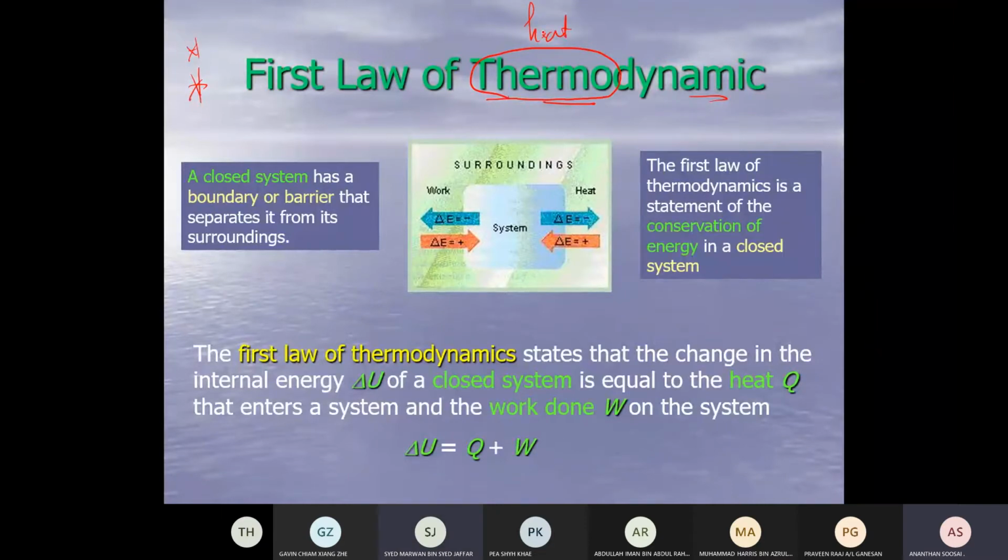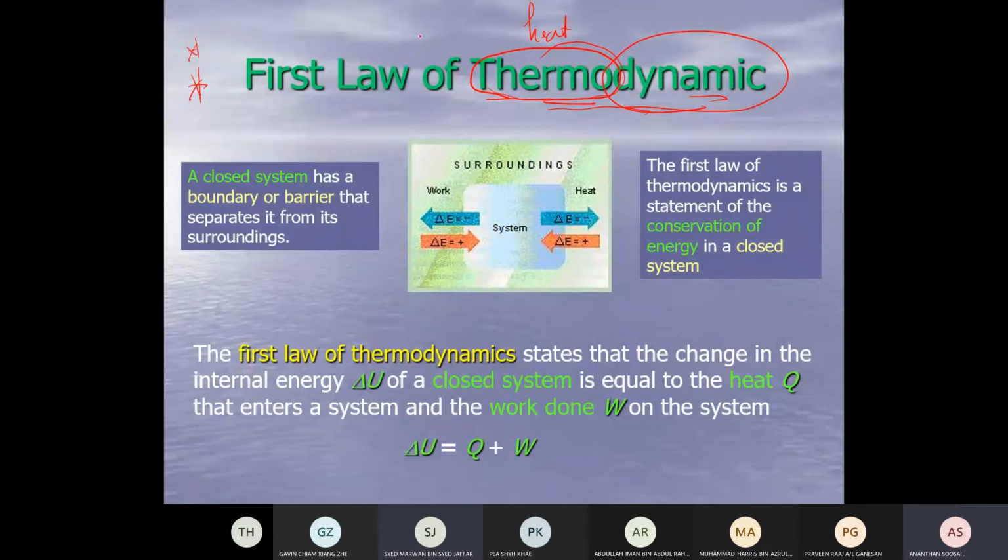When heat is applied to the system, dynamic means it influences the movement of the particles. How fluid particles like liquid and gas are influenced by heat, what law governs their movement? It's called the law of thermodynamics.